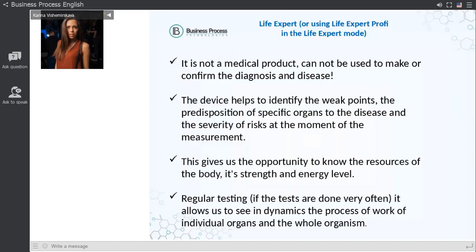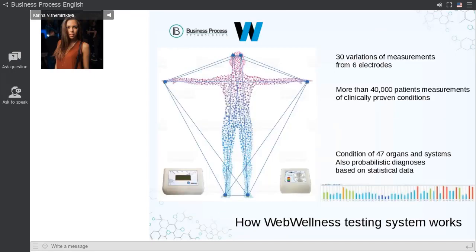The principle of the device is to measure the parameters of electrical conductivity in biologically active points on the principle of 6-quadrant leads by Dr. Reinhold Voll on the arms, legs, and head. Those who are not familiar with Dr. Voll and his 6-quadrant leads method can search online to find more information.